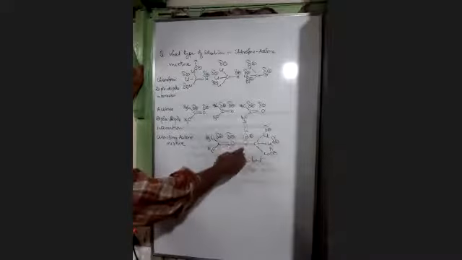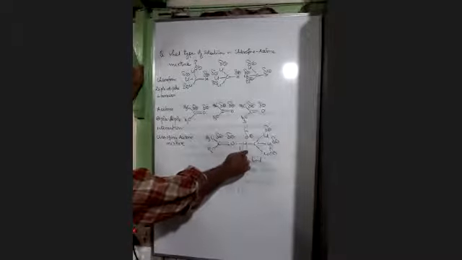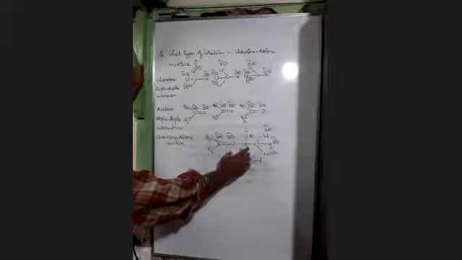So when they have come close, what will happen? The intermolecular distances between them will decrease. So there will be a shortfall in the volume. 30 plus 70 will not now be 100. It will be less than 100 ml. And after forming the hydrogen bond, both of these molecules have become highly stable.